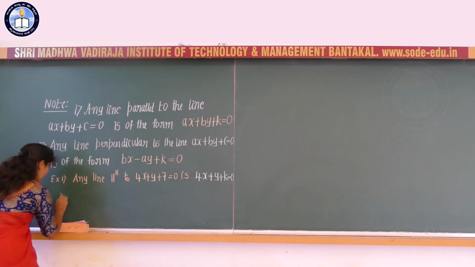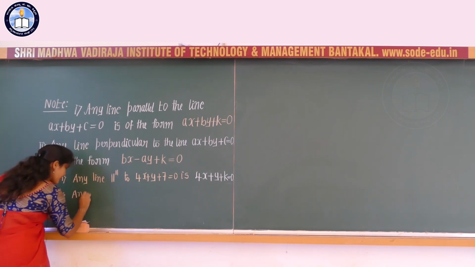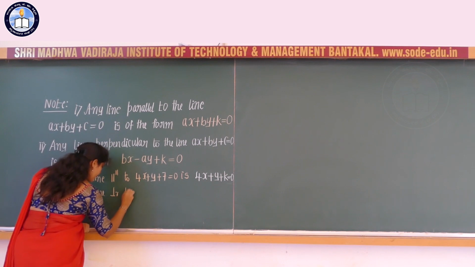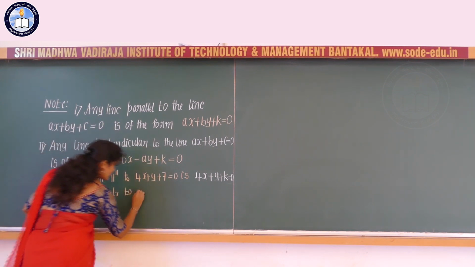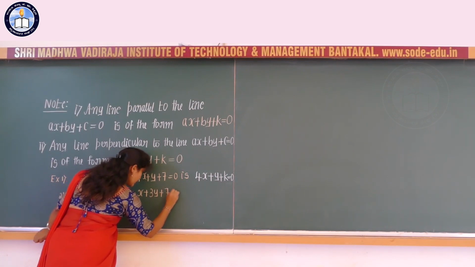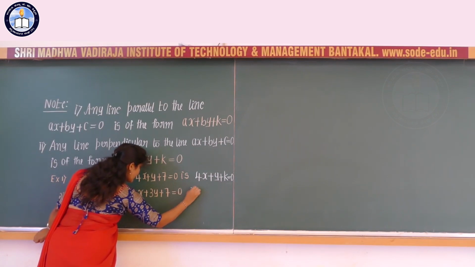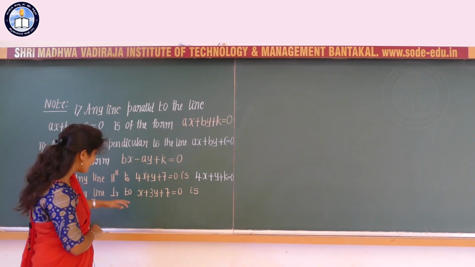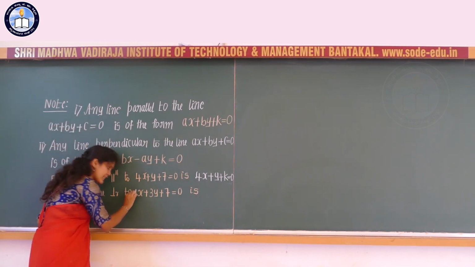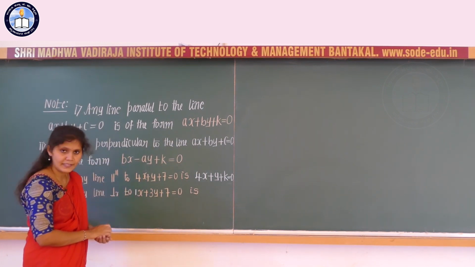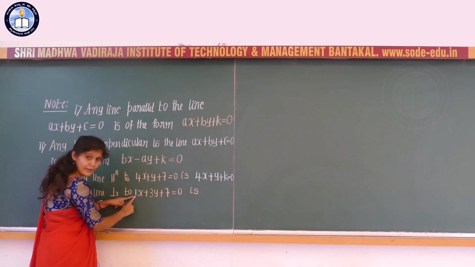Next, the second one: any line perpendicular to x plus 3y plus 7 equal to 0. Any line perpendicular to x plus 3y plus 7 equal to 0 is given by, so here the value of a is equal to 1, x means 1 into x plus 3 into y plus 7 equal to 0. What is the value of a? 1.